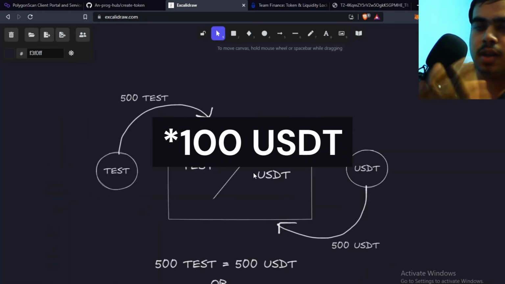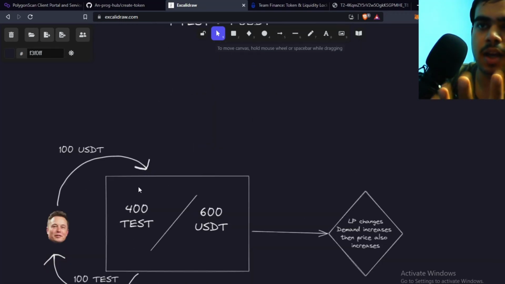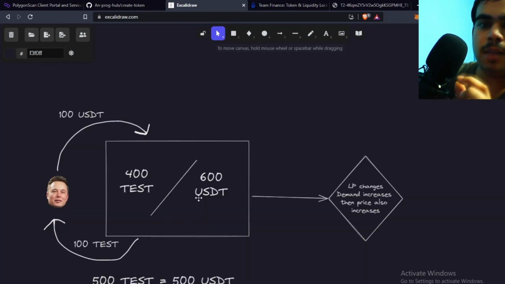All of this happens because the buyer wants to buy your tokens in exchange for USDT, which increases the price. In some cases, if you just run away by taking the profit, your pool doesn't have anything, because these tokens are totally worthless. The token's price increase only depends upon the price of USDT, which is already circulating in the market, of your 600 USDT. If your tokens are nothing, they are totally worthless, right?